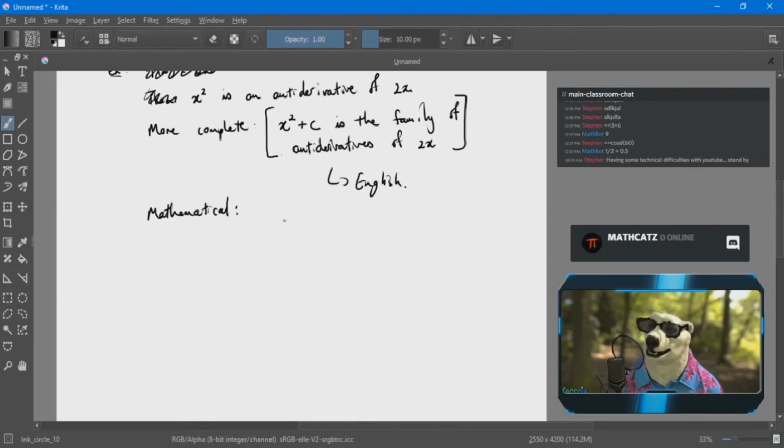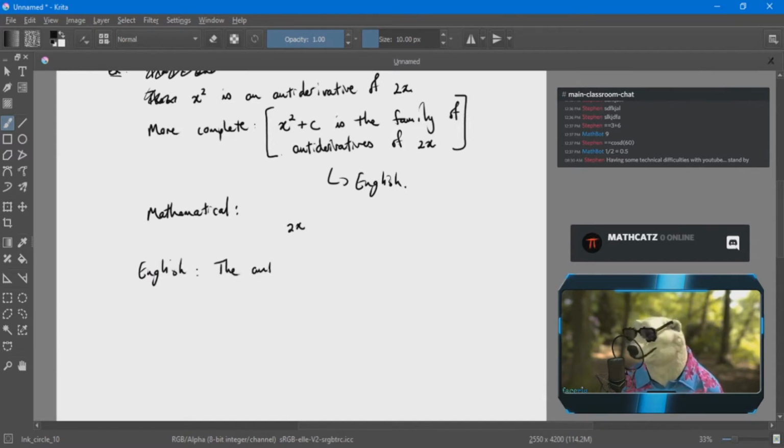So just like originally in the question, I'm starting with 2x. So 2x is given, for example, and I'm looking for the antiderivative. But instead of saying the antiderivative of 2x, let's have a little sentence here to have the order exactly the same.